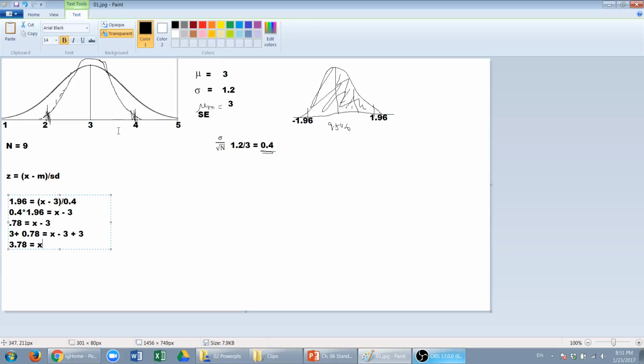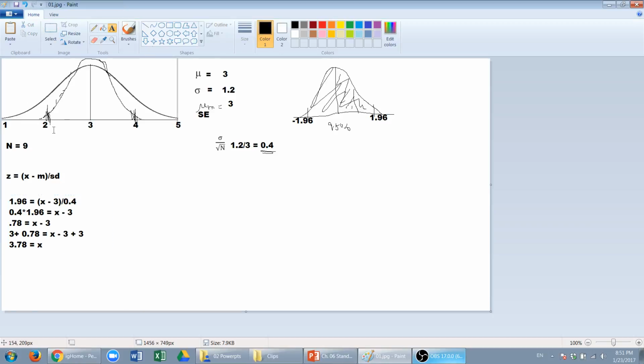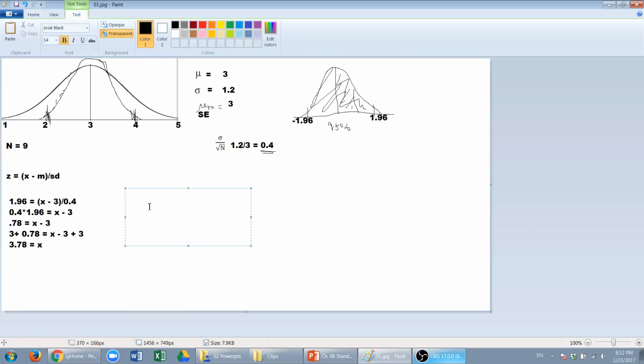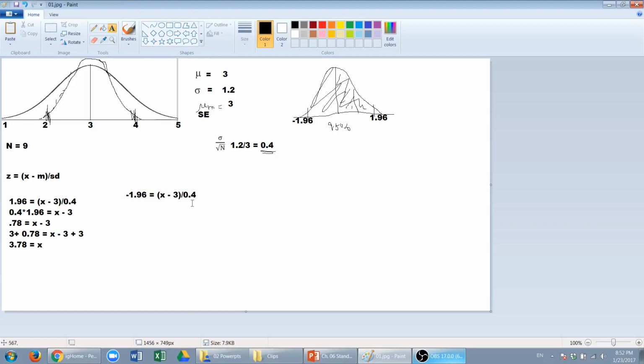So we know that this here is 3.78. Now how do we calculate this other one? It's the same thing: negative 1.96 equals x minus 3 divided by 0.4. And then you can calculate that. I'm too lazy to do that. I think you should be able to do that already.